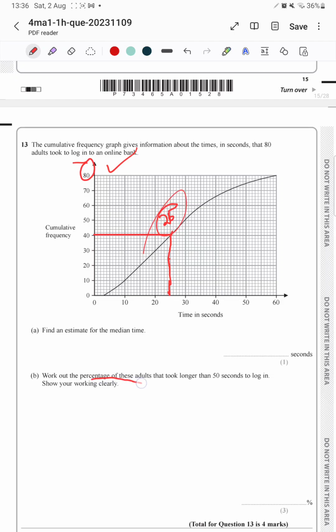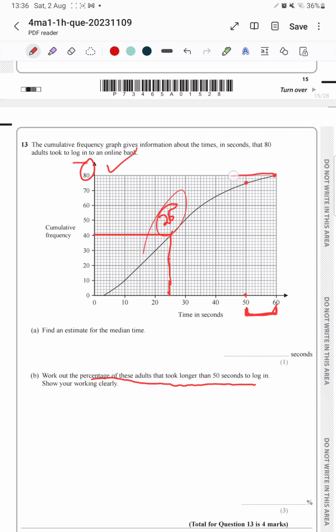Then what percentage of these adults took longer than 50 seconds to log in? Now longer than 50 means more than 50 seconds. So this is 50. That means we are looking at the people who are taking more than 50 seconds. So if you go here, that starts from here and up to here.